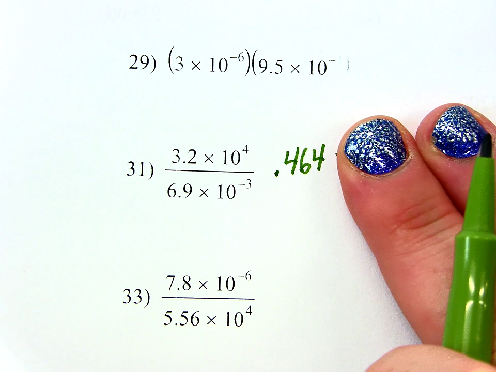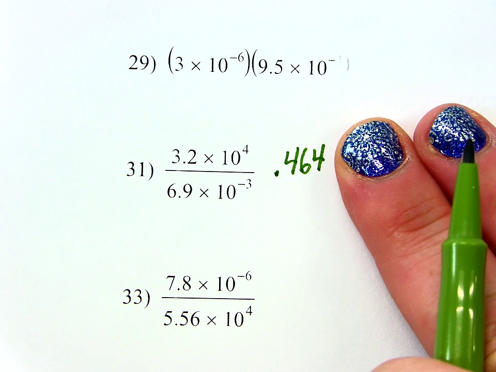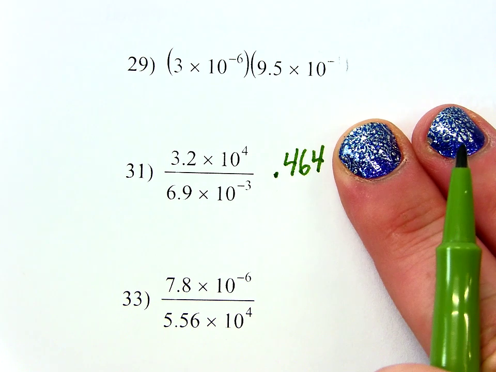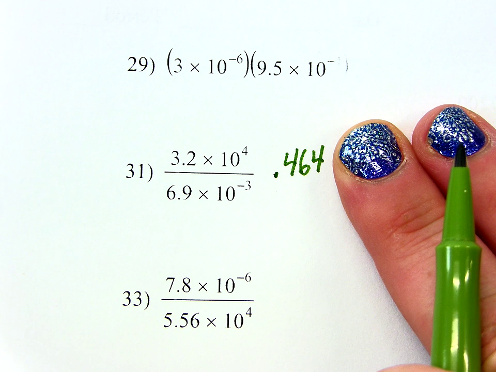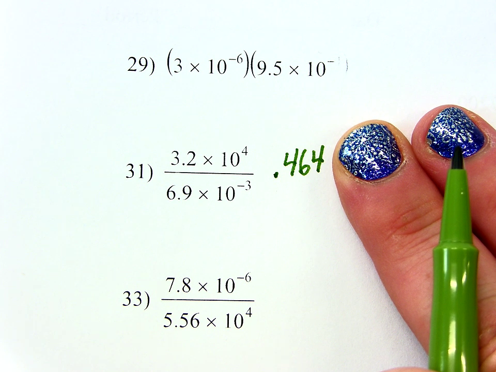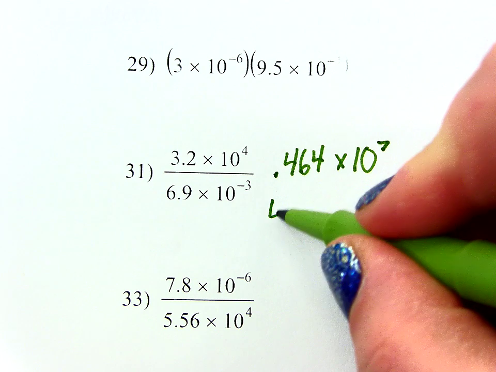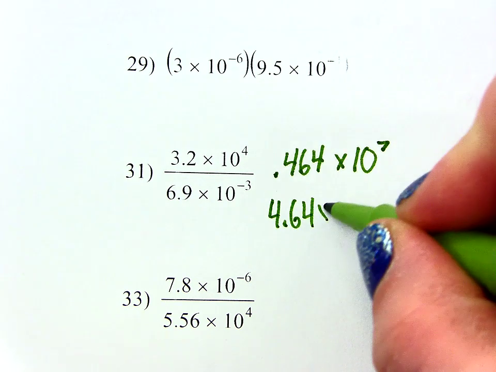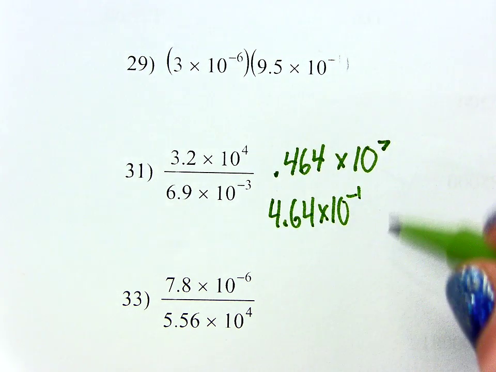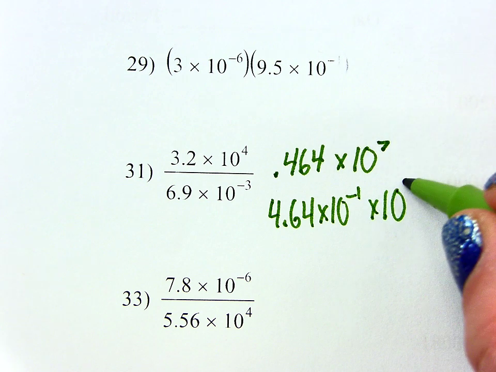So ignore the times 10 to the 7th for a minute. Put that number, 0.464. How would you write just that number in scientific notation? 4.64 times 10 to the negative 1, right? Because it's a decimal. So I'd have 4.64 times 10 to the negative 1 times 10 to the 7th.